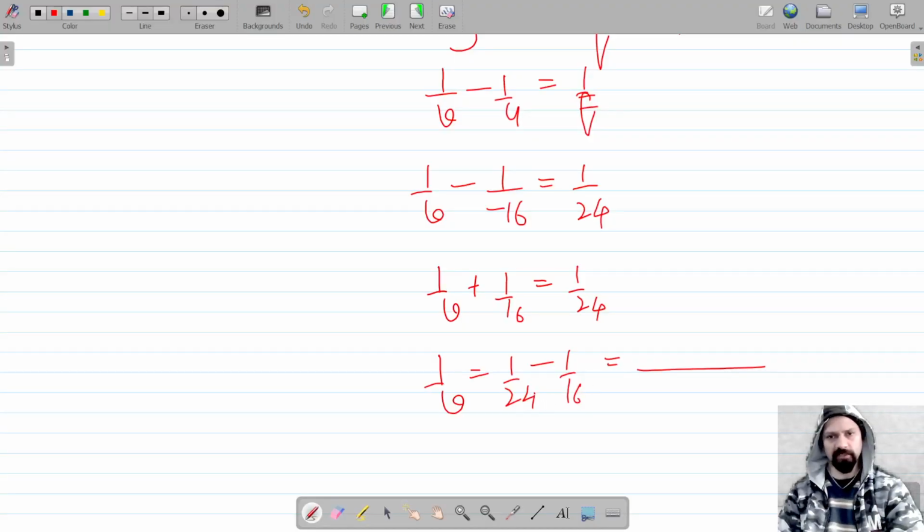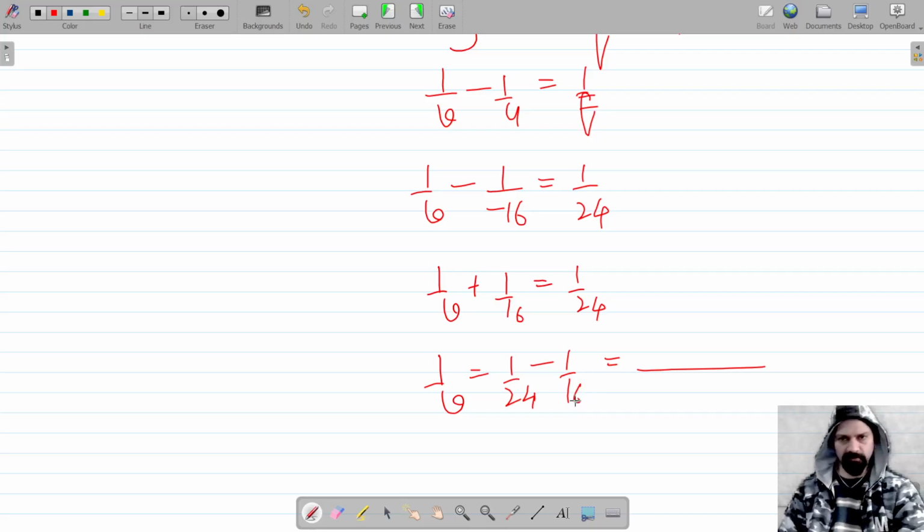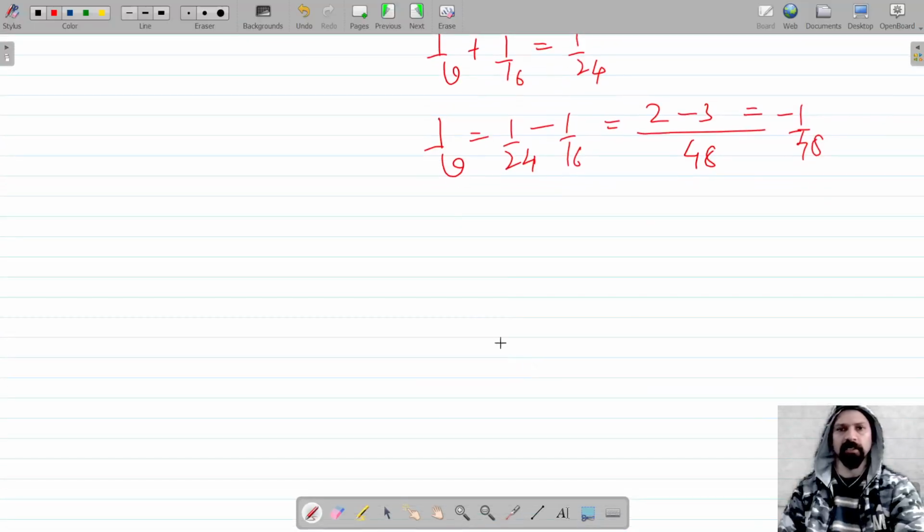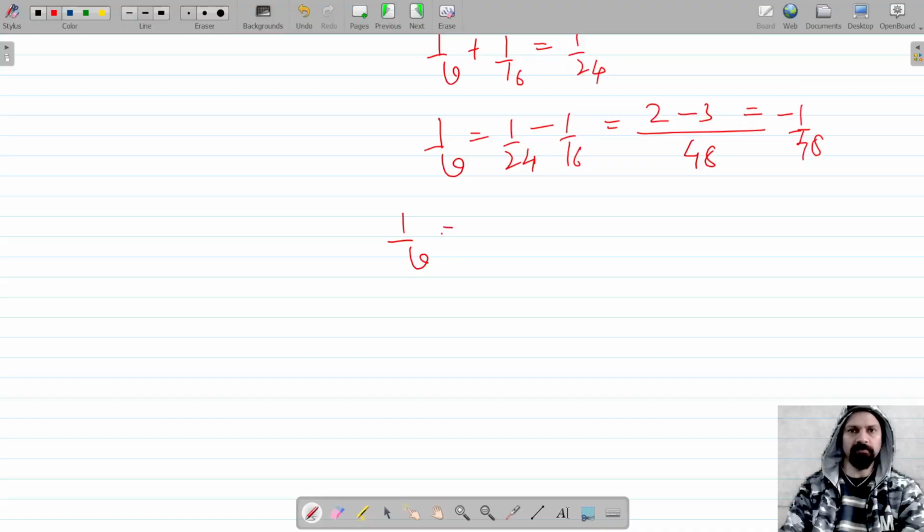The LCM of 16 and 24 is 48. So this is 2 minus 3, which is negative 1 by 48, and 1 by v is equal to negative 1 by 48, so that means v is equal to negative 48 centimeter.